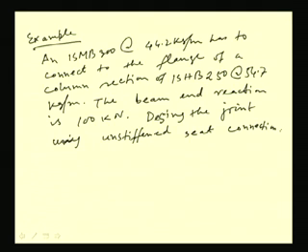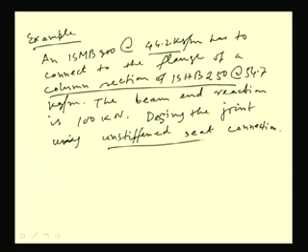So, this is how the problem is. So, we have to design accordingly. An ISMB 300 at 44.2 kg per meter has to connect to the flange of a column section of ISHB 250 at 54.7 kg per meter. The beam end reaction is 100 kilonewton. So, now we have to design with the unstiffened seat connection.